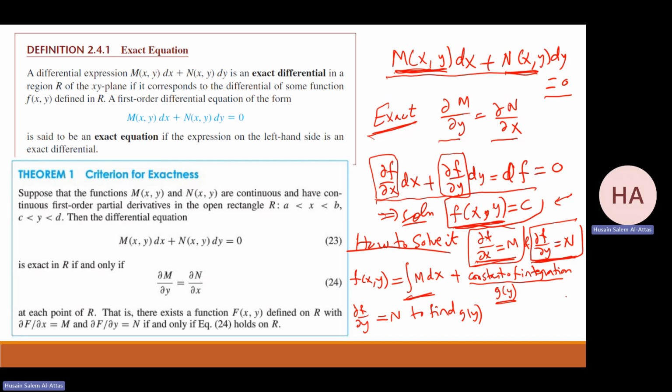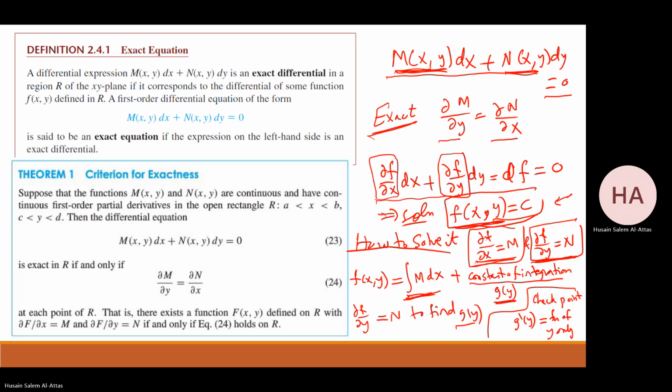And here is the checkpoint: g prime of y, when you get it, you should get a function of y only. If you get a combination of x and y, it means there's something wrong. So you get g of y, plug it again in f. f is this plus g of y, and that will be my solution.